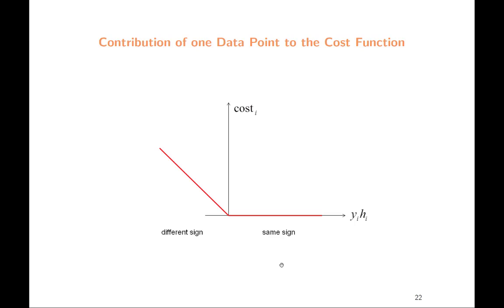I can also plot it this way, with this product yh. If they have the same sign, it's a correctly classified pattern and there's no contribution to the cost function. If they have different signs, the contribution to the cost function is linear in the magnitude of h.